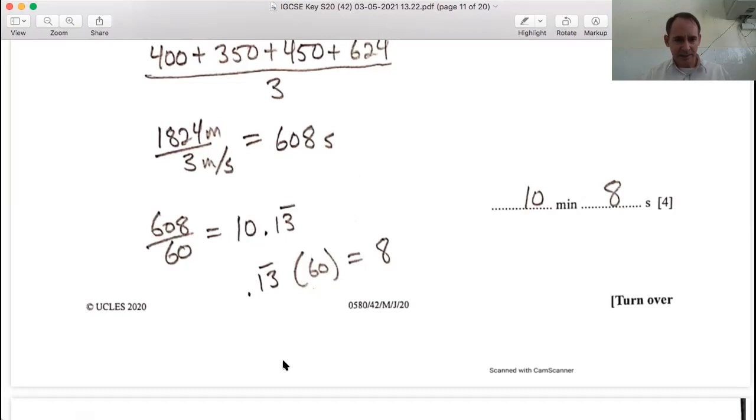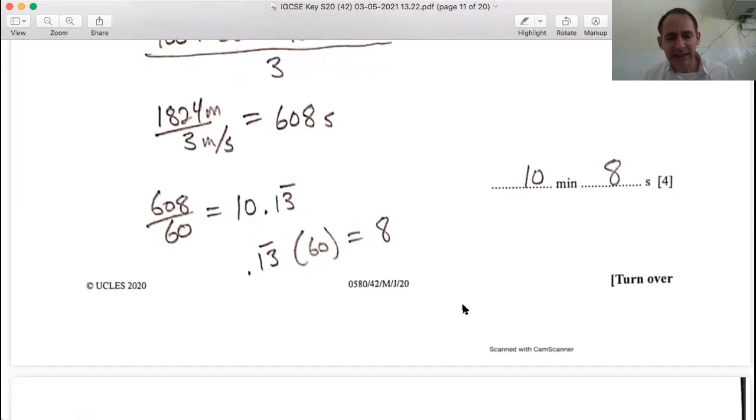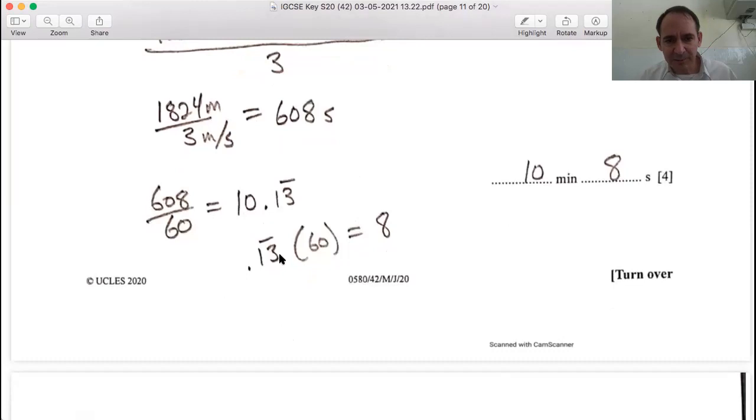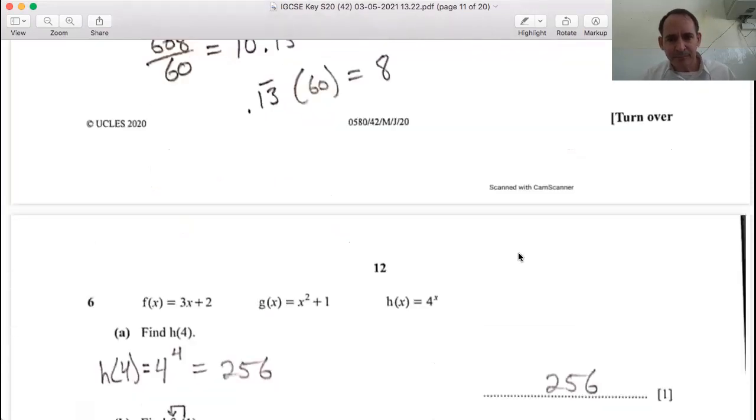The 3 is repeating, not the 1, just the 3 is repeating. So 0.133333 times 60 gives us 8 seconds. So 10 minutes and 8 seconds. So don't forget to convert your decimal from decimal minutes into seconds to get that answer.